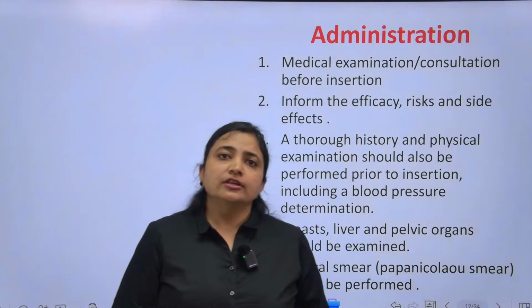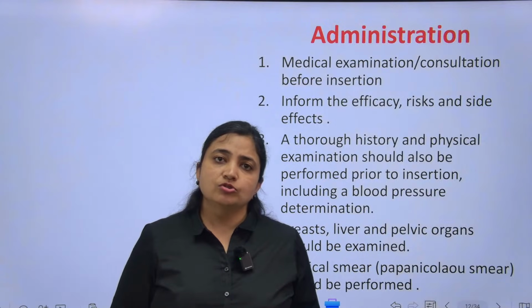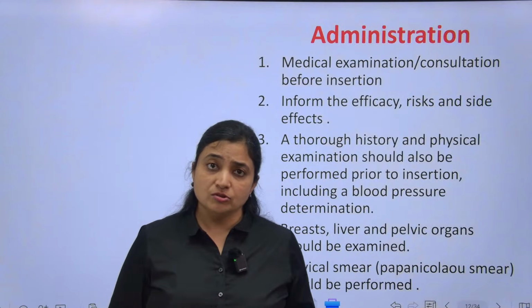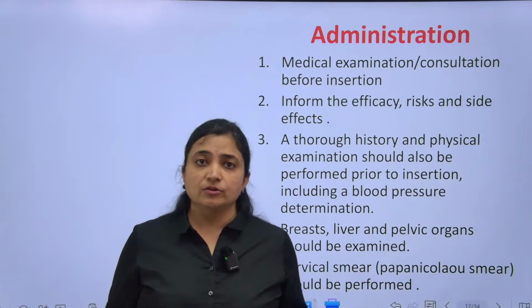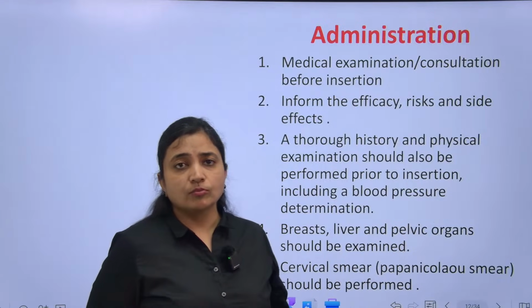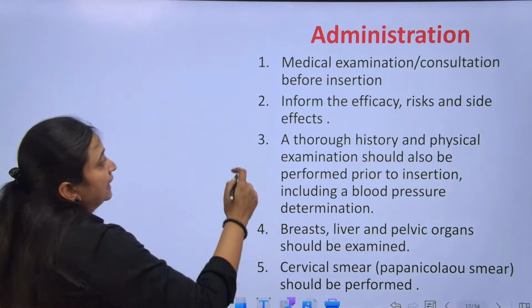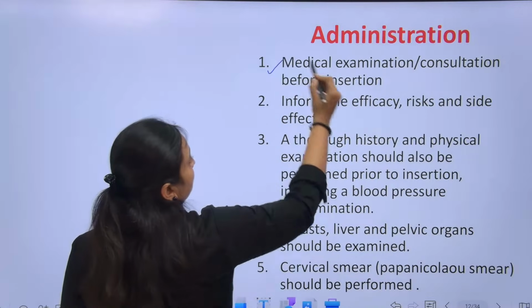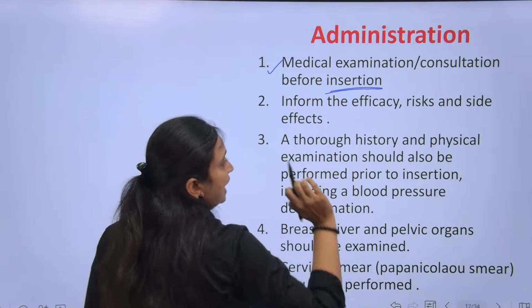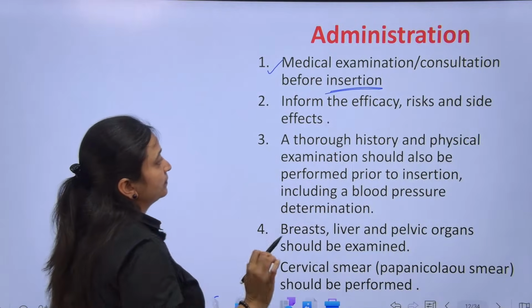This part was all theory, that what indications you should know, what contraindications you should know, what you should explain to the patient. Now comes the point, now you want to insert. Everything is done. Medical examination before insertion is absolutely mandatory.